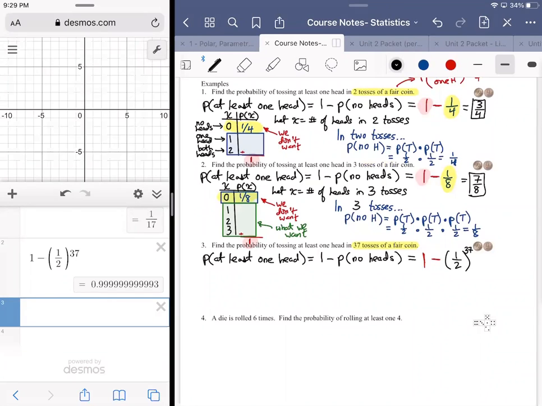And that's exhibited by the probability that we just came up with. But we would have to write this entire decimal out. So 9, 9, actually I lost track. I think it was 11 nines.